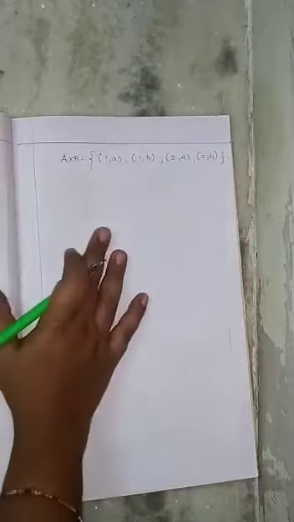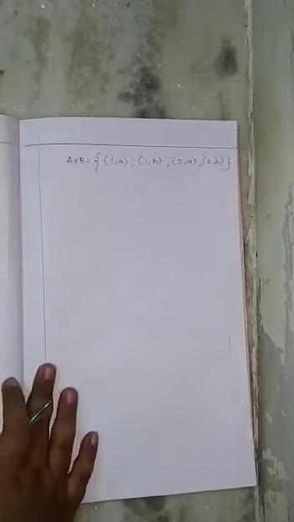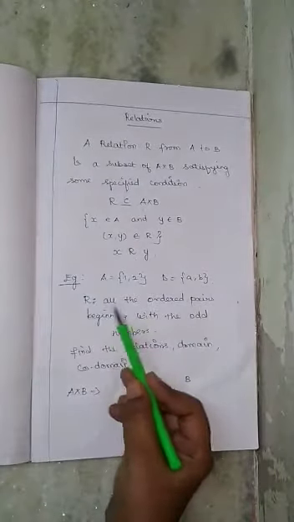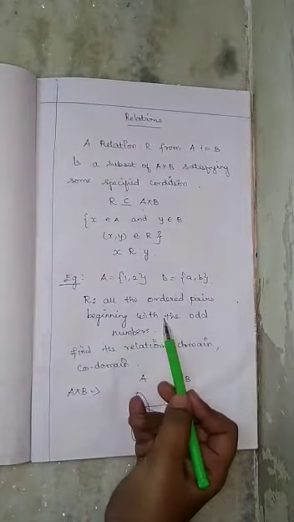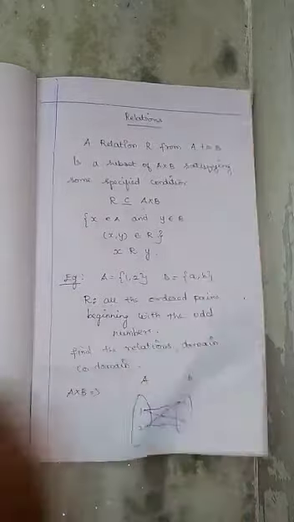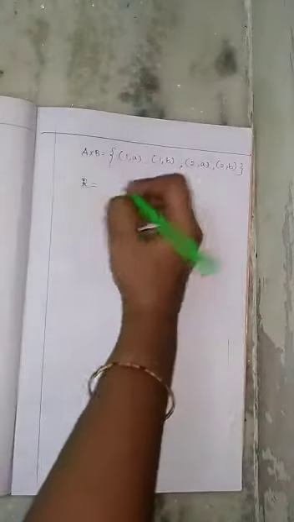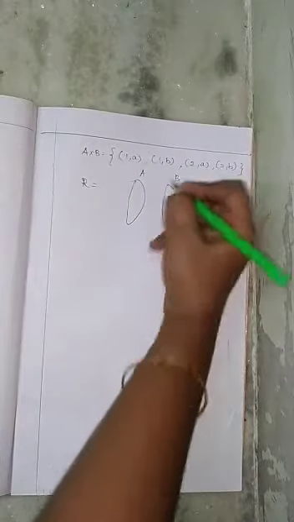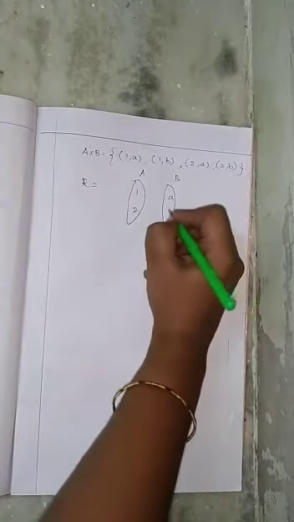Now let us see what the relation is. Already I said the condition given here: all the ordered pairs begin with an odd number. Here, this is the A element, this is the B element: 1, 2, a, b.